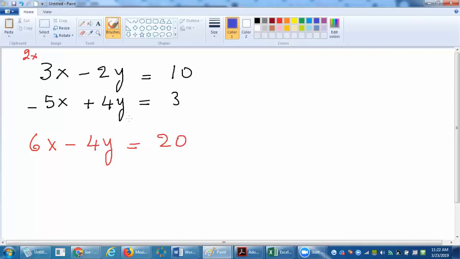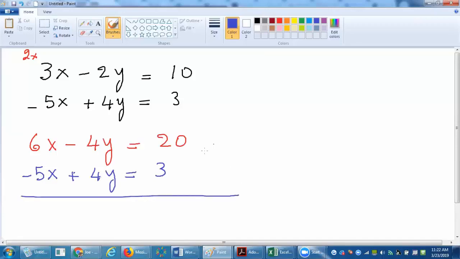Let's keep the second equation as is, so negative 5x plus 4y equals 3. And now we can add equation 1 plus equation 2.